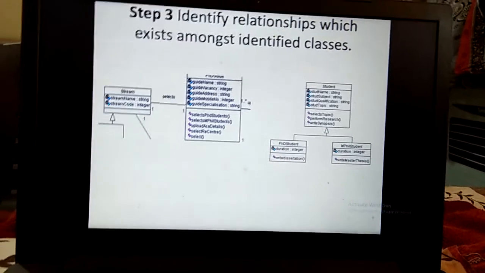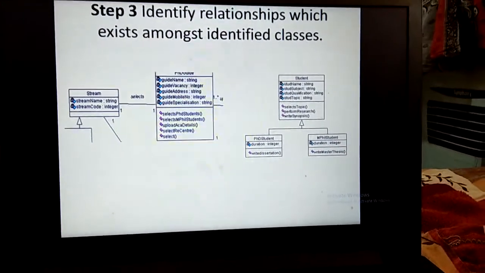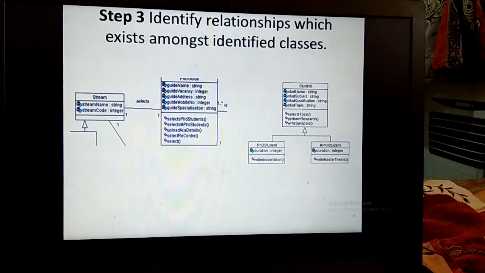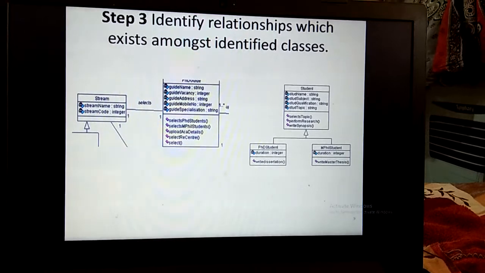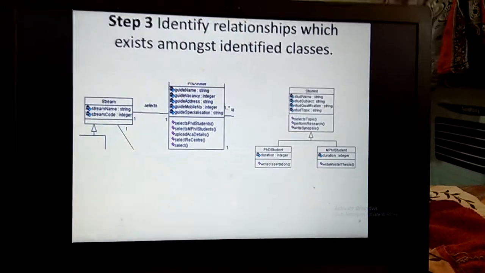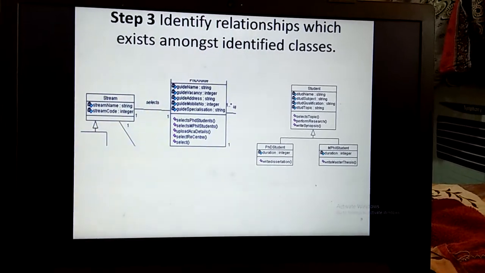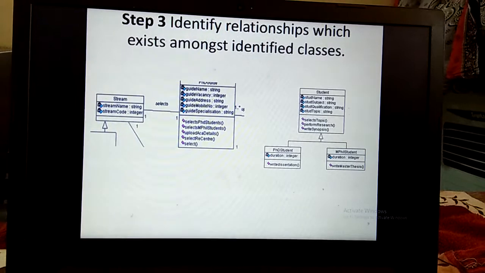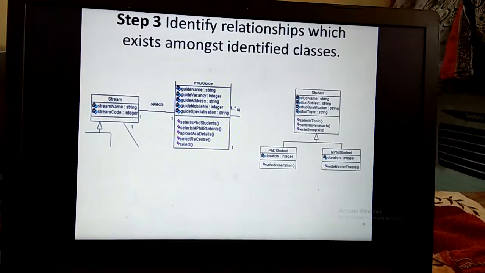Let us see the third step. The third step is about identifying relationships which exist amongst the classes. On the left-hand side, you can see that I have written that this PhD guide can select streams.